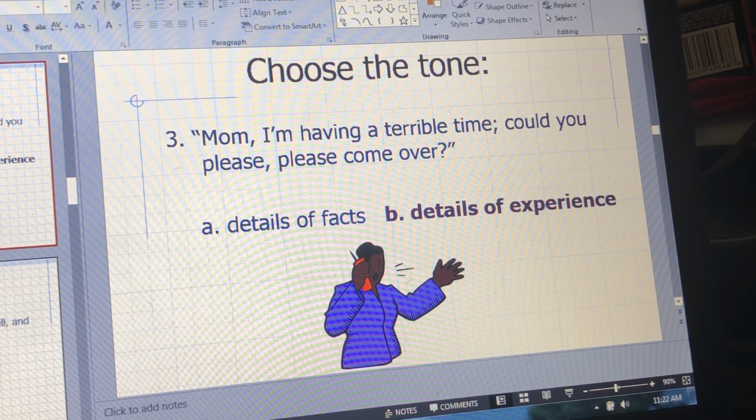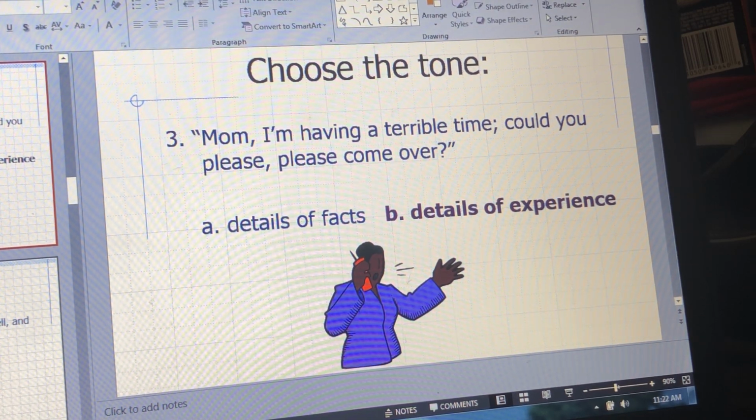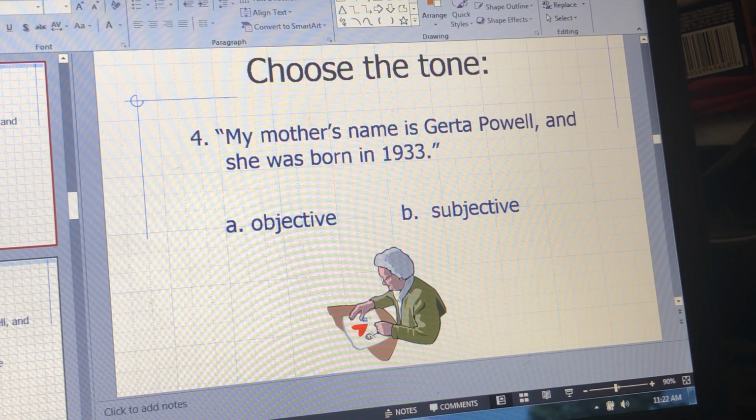So this helps establish tone as well, whether something is objective or subjective. Again, you're hearing me use that term a lot lately as we get into the argumentative essay. My mother's name is Gerda Powell, and she was born in 1933.